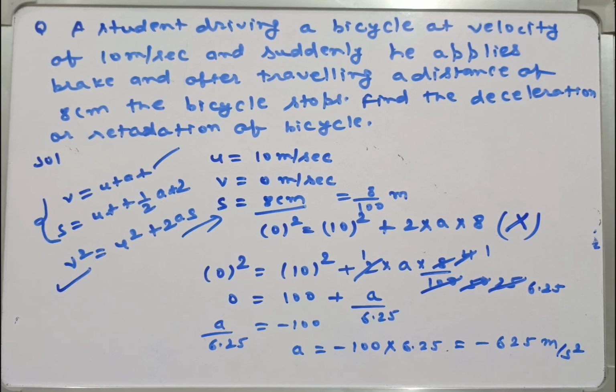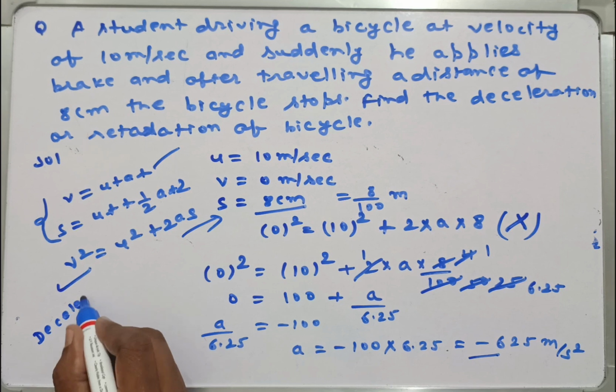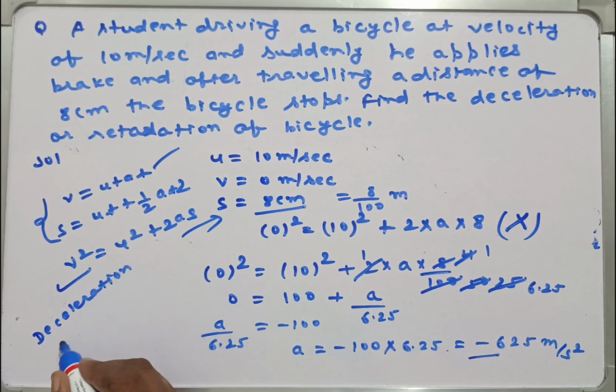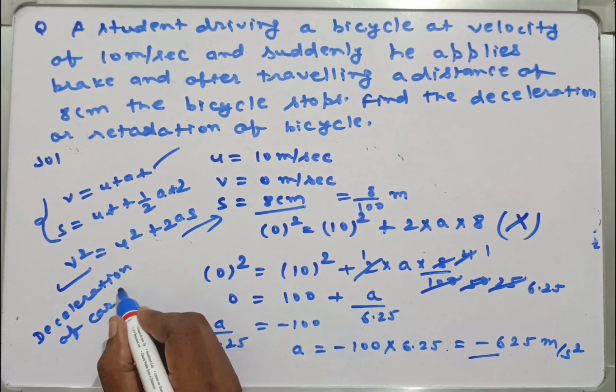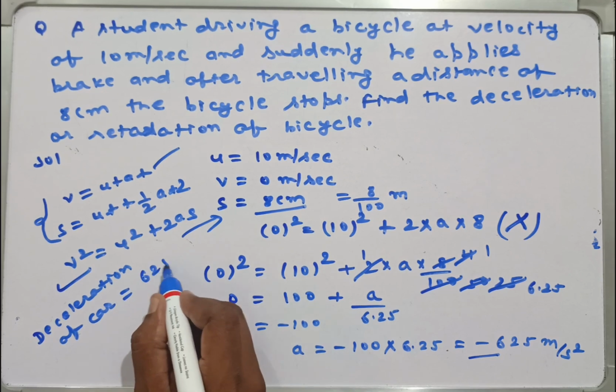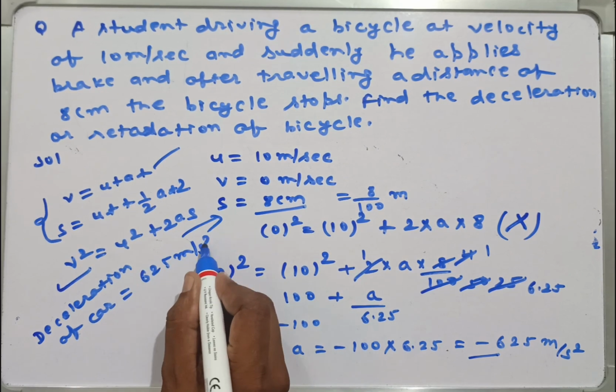Okay guys, here negative sign indicates that acceleration is opposite to the motion of the car, so that's why it is coming negative. Okay, so guys, finally you can say deceleration of car equal to 625 meter per second square.